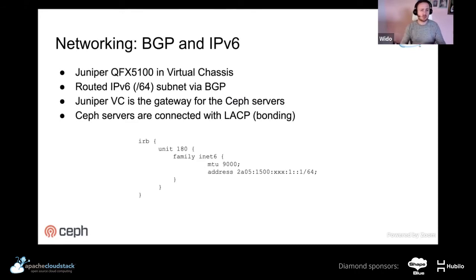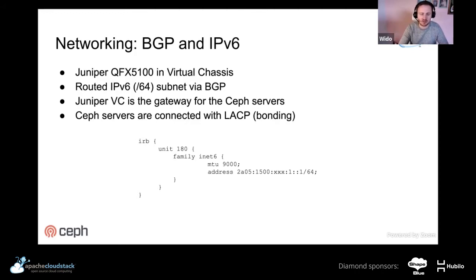Now, we use Juniper networking in our network mainly for the things where just static configurations are used. So in this case, it's a QFX 5100 in a virtual chassis, and they route a /64 IPv6 subnet via BGP. In this case, you see a bit of configuration of IRB 180 in a virtual chassis, and IRB means the integrated routing bridge.